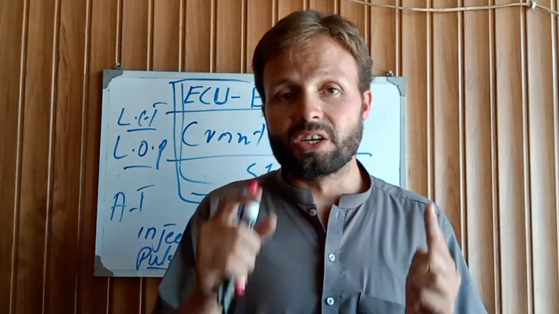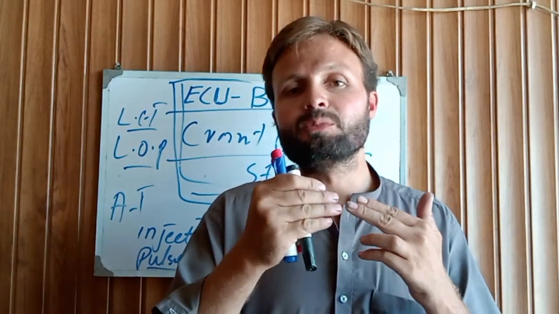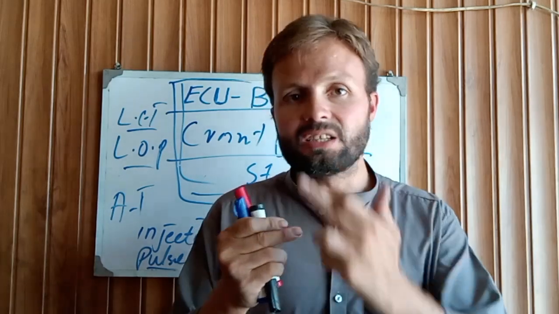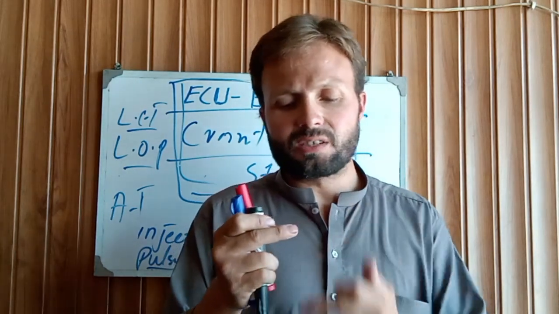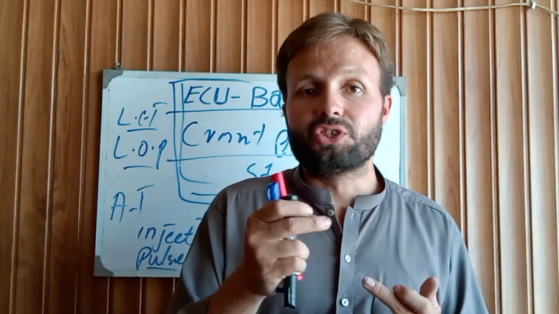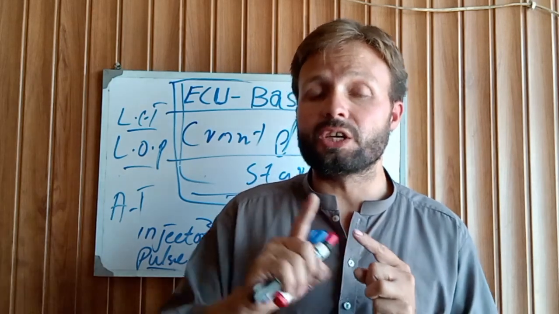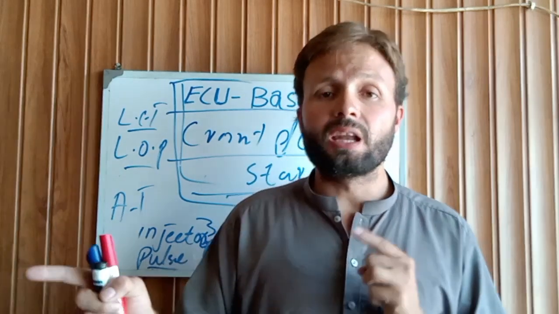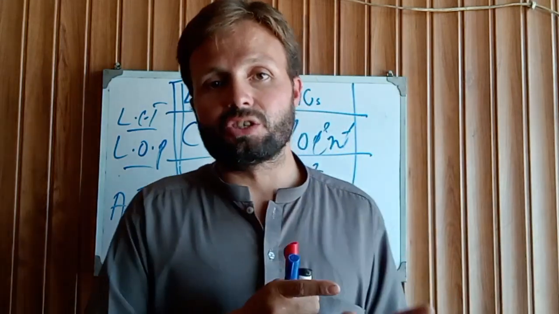Okay, when the engine is rotating, the flywheel teeth, like the camshaft teeth, cut and rotate past the face of the sensor, and then generate a small amount of AC voltage, and this AC voltage goes to the ECM, and the ECM activates the injector system and also the ignition system.